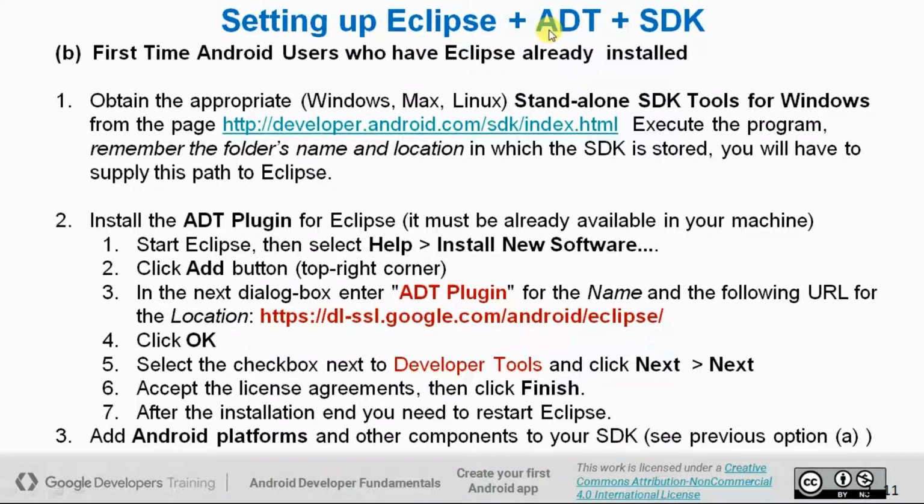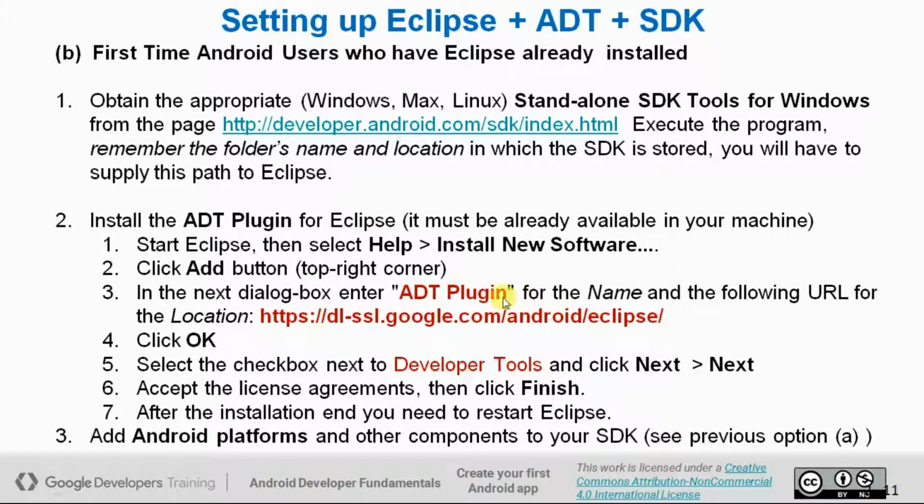How you can download that ADT plugin: first start Eclipse, and on top you will have the Help menu. Click on Help menu. You will get Install New Software. Click on that. You will get one window which has an Add button on the top right corner. Click on Add button, and you will get another window which has two different text boxes.